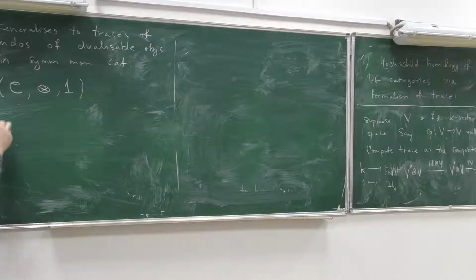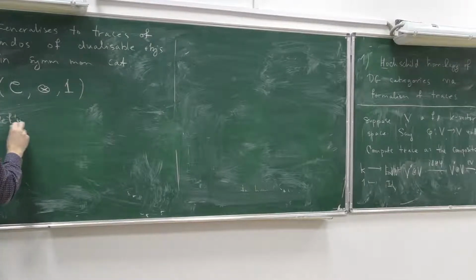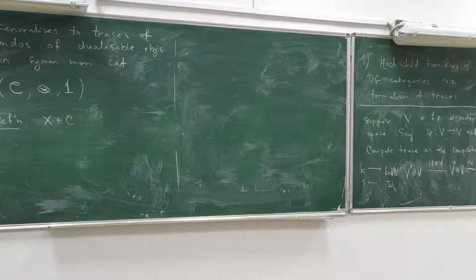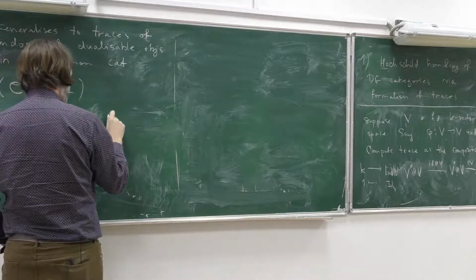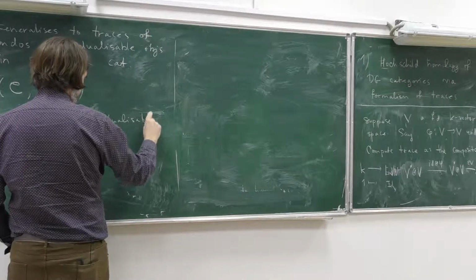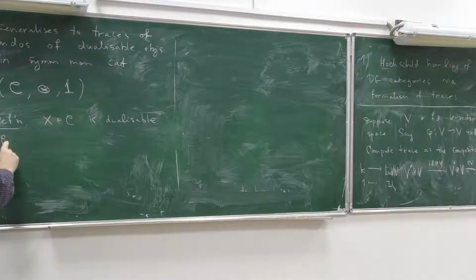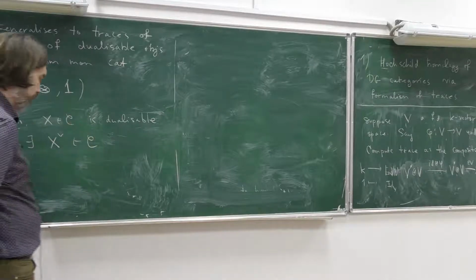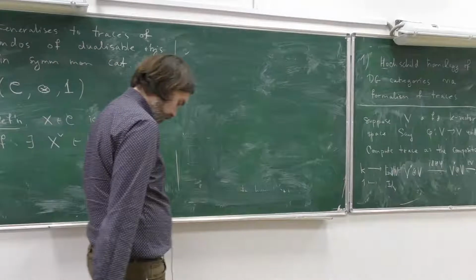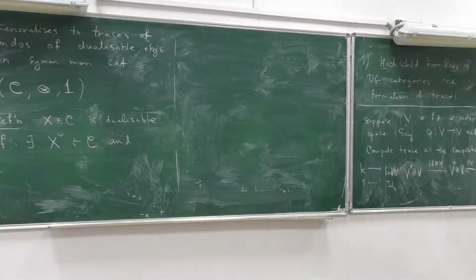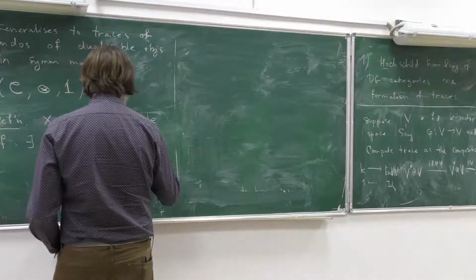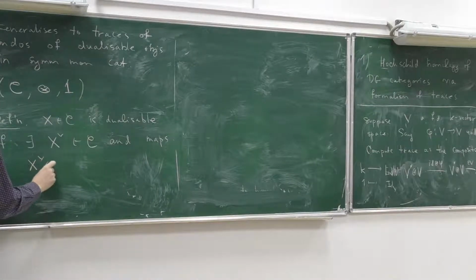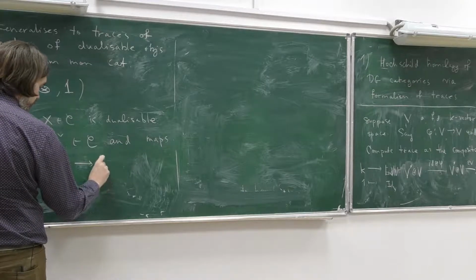Okay, so we say, definition: an object in here is dualizable if there exists another object called x check and maps x check tensor x mapping to the unit of your symmetric monoidal category.